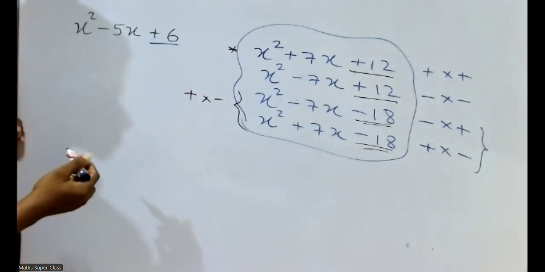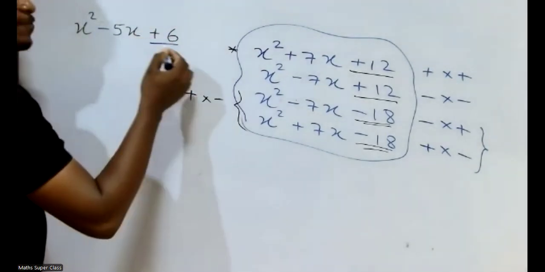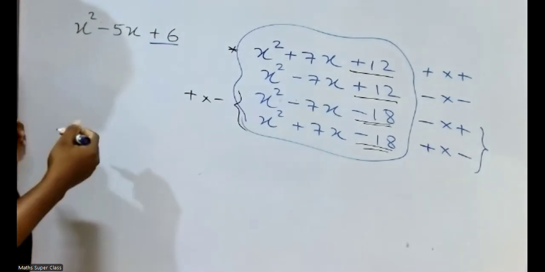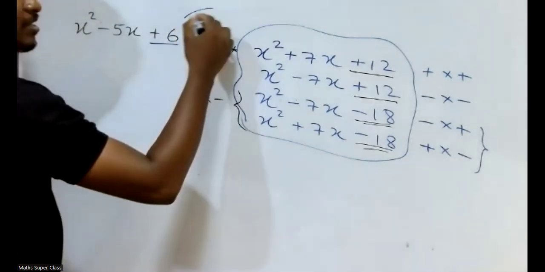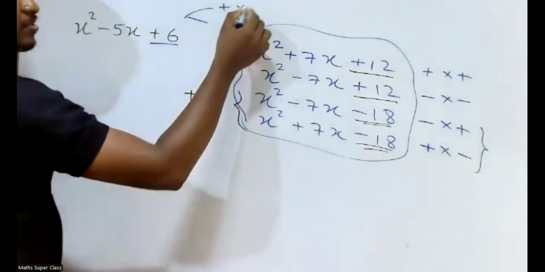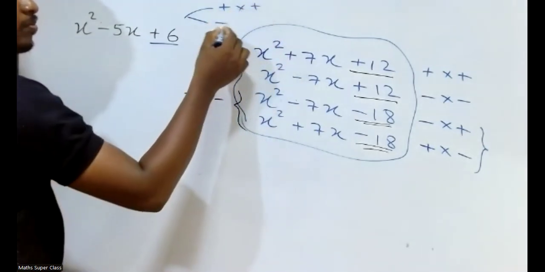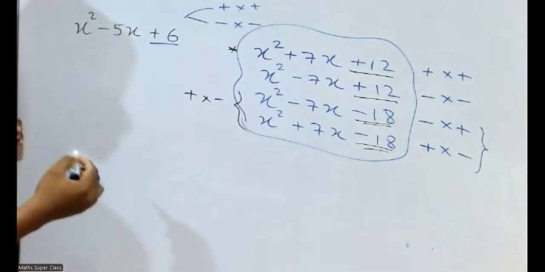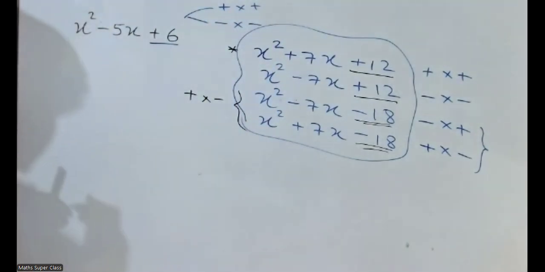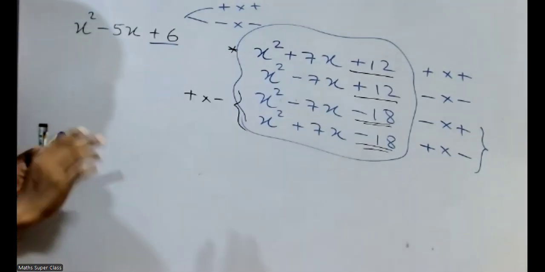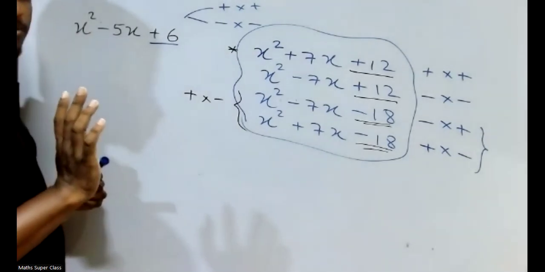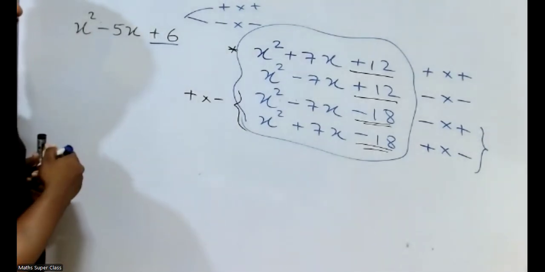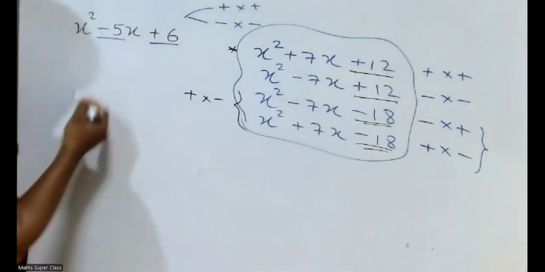This is plus 6. If this part is plus, that means those two signs are plus or both of them are minus. But we have to identify clearly, are they plus or minus. So generally we have to look at this part.